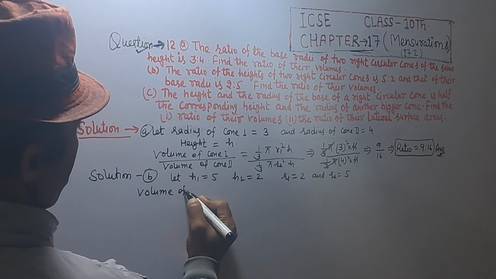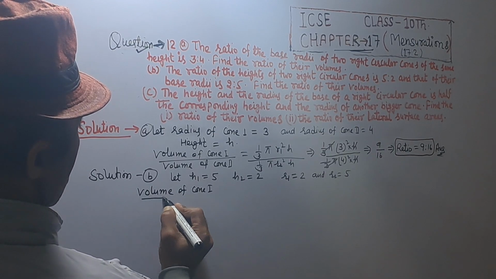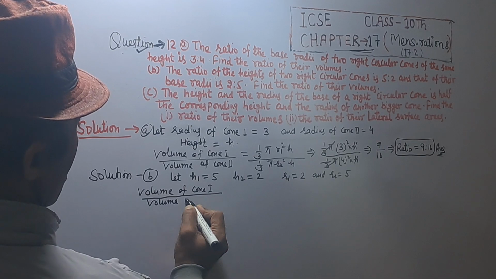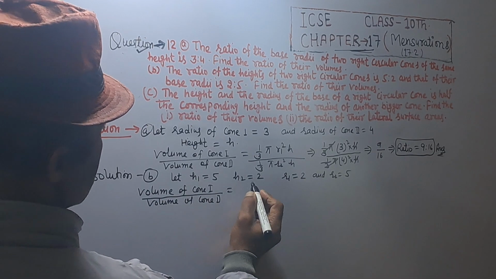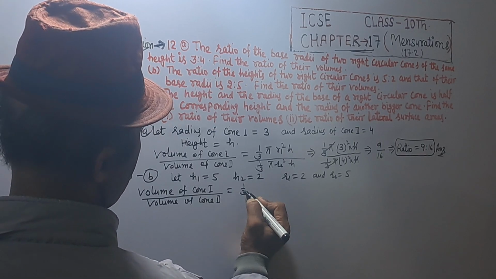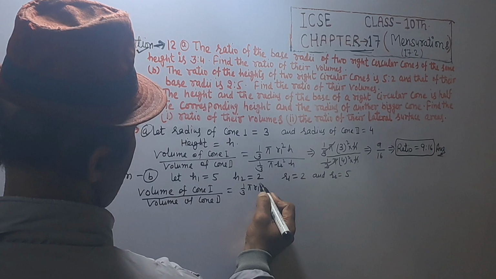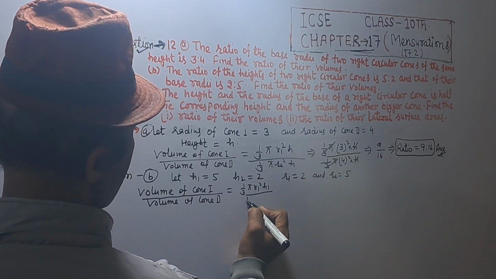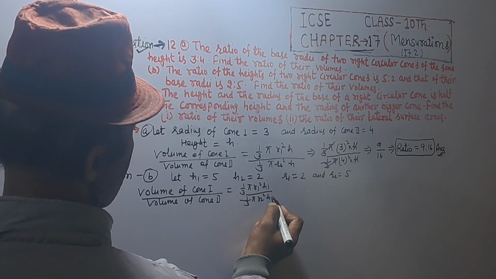Volume of cone first upon volume of cone second, that is equal to 1/3 pi r1 square h1 divided by 1/3 pi r2 square h2.